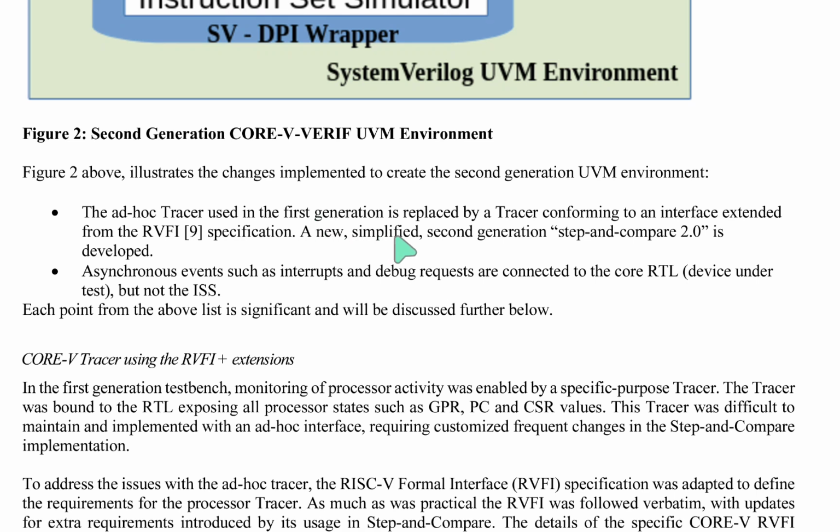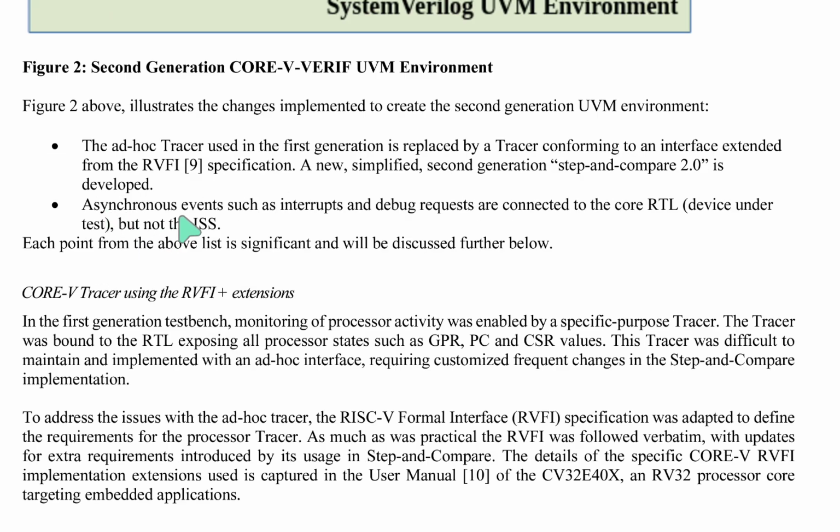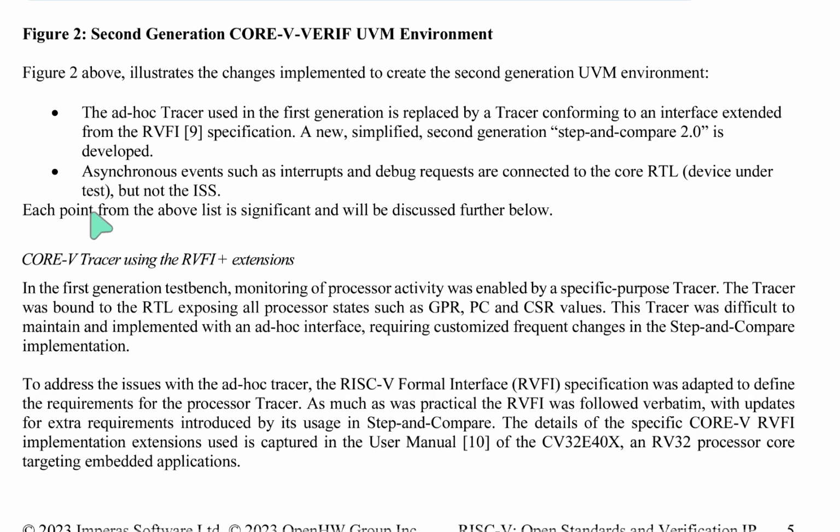So the new simplified second generation step and compare 2.0 is developed. The asynchronous events such as interrupt and debug requests are connected to the core RTL device under test, but not the ISS. Each point from the above list is significant and will be discussed further below.